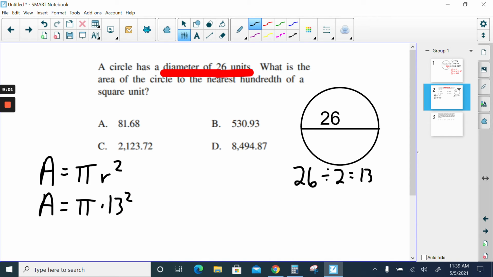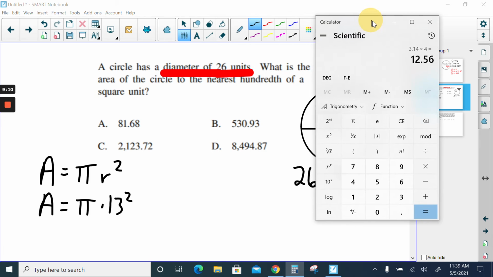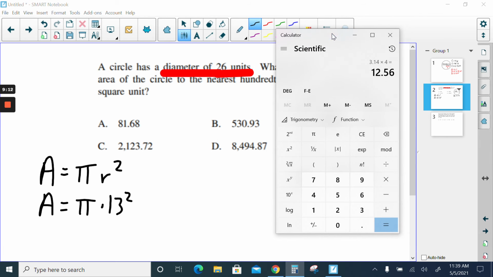Now, I would highly recommend using a calculator here. Don't want to estimate this and make any mistakes. Bringing up my calculator, the first thing I'm going to do is the square. PEMDAS, order of operations: we must do our exponents before we do our multiplication. 13 squared, aka 13 times 13.